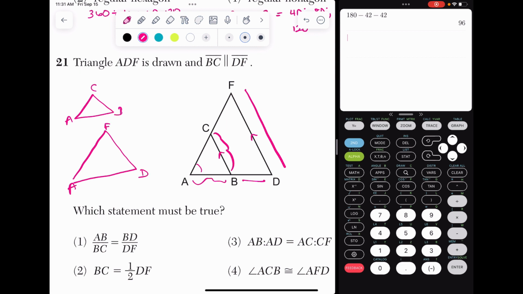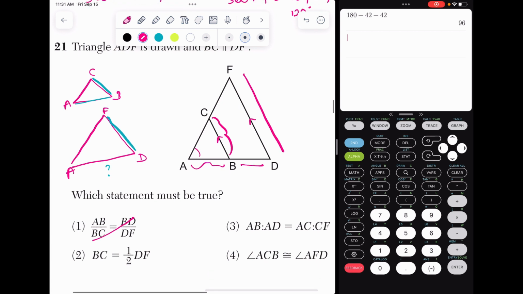So I have AB to BC, and then it says BD, which doesn't even exist here, to DF. So you can see that's not going to be right, so it's not choice 1.